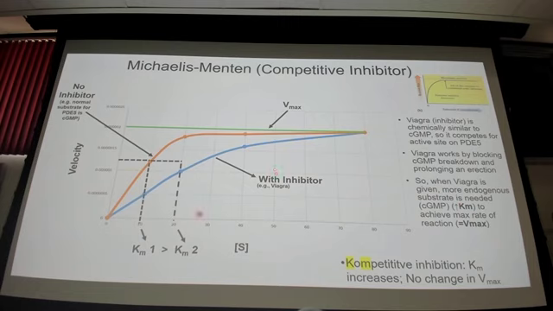We also see that the Vmax, the maximum activity of the reaction, occurs really quickly without the inhibitor, but with the inhibitor it takes a little while longer, but it does still reach the Vmax.